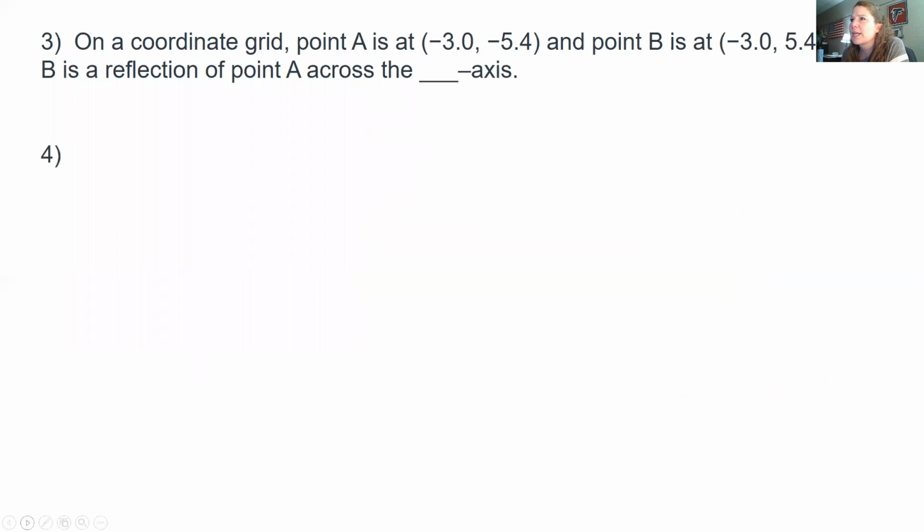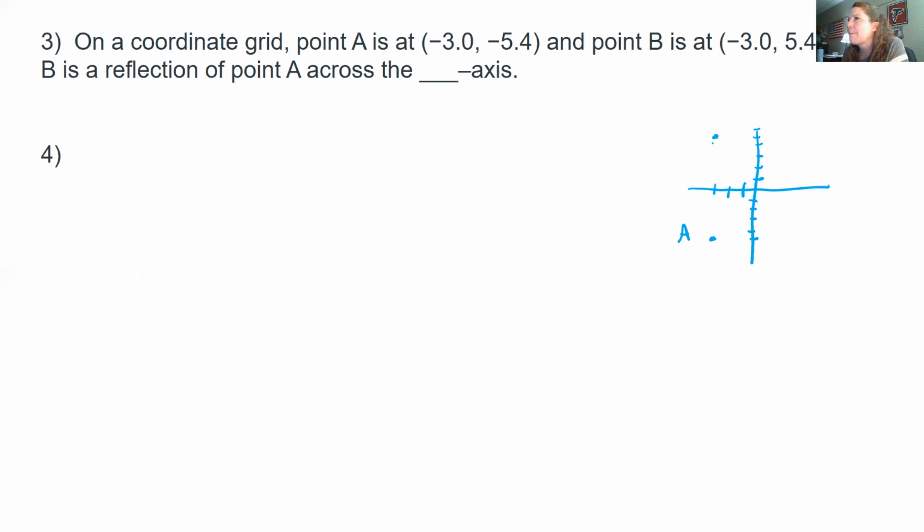On a coordinate grid, point A is at, let's kind of eyeball this. Point A is at -3, down 1, 2, 3, 4, 5 and almost a half. So about right there, there's point A. And point B is at -3, positive 1, 2, 3, 4, 5 and almost a half.